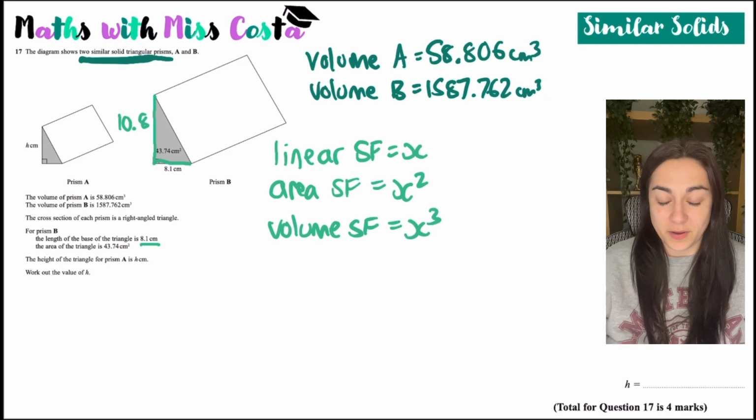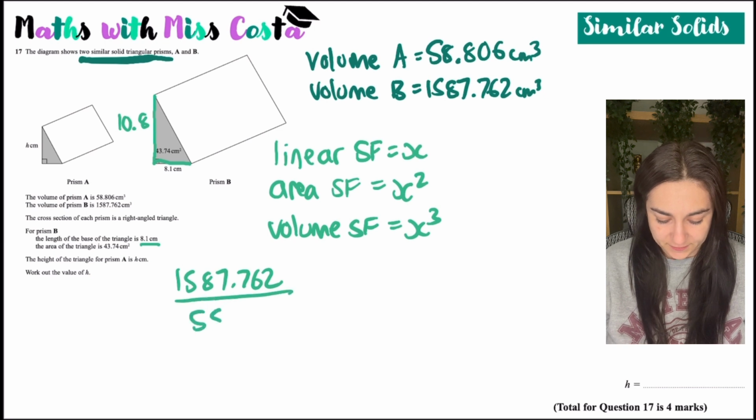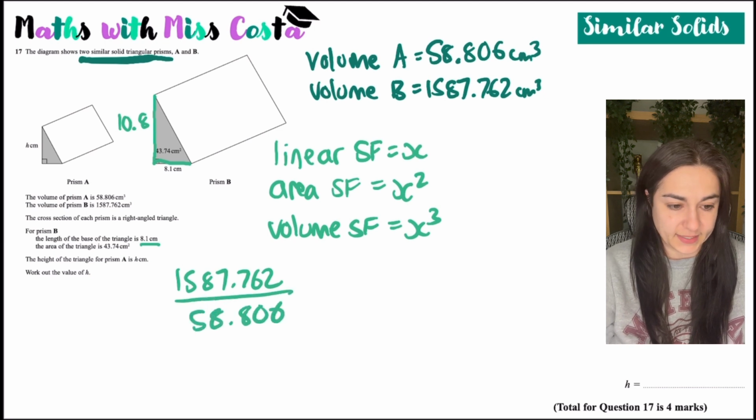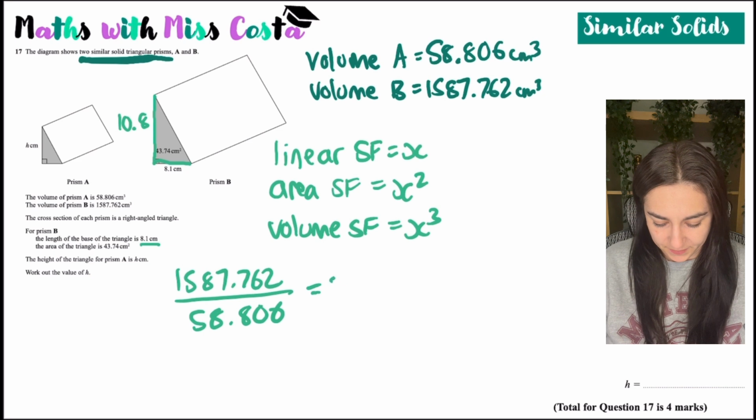So I've been given my volume, so I can work out the volume scale factor. So if I do 1,587.762 divided by 58.806 equals 27.